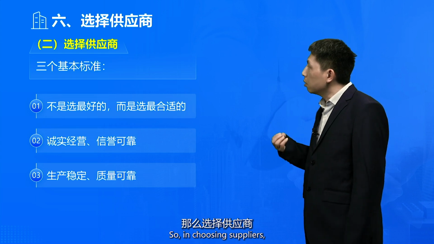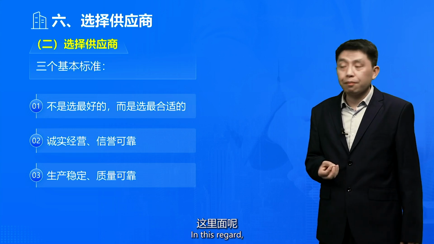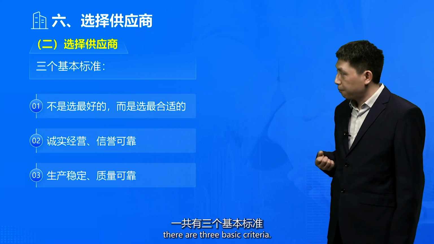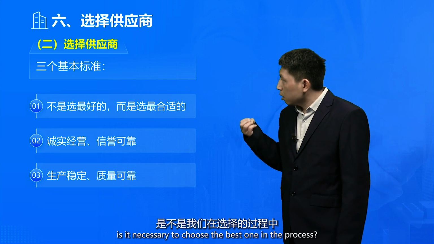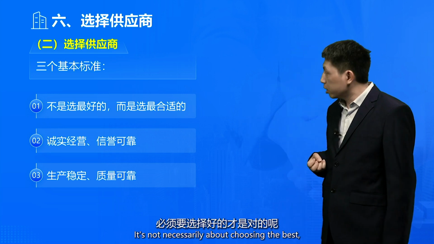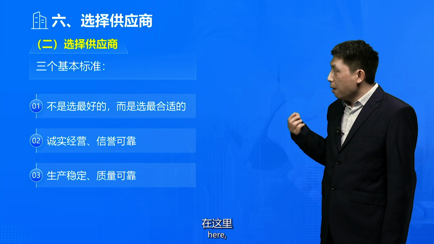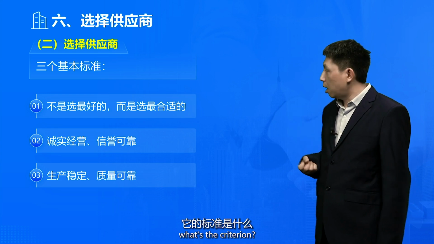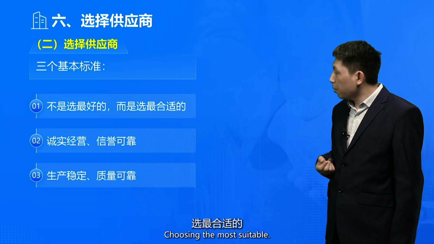So, in choosing suppliers, how do we select our suppliers? In this regard, there are three basic criteria. The first one is, is it necessary to choose the best one in the process? It's not necessarily about choosing the best, but rather, what's the criterion? It's not about choosing the best, but what? Choosing the most suitable.